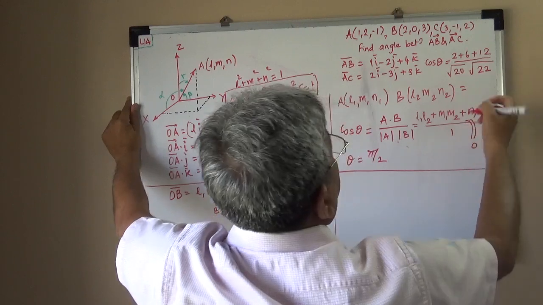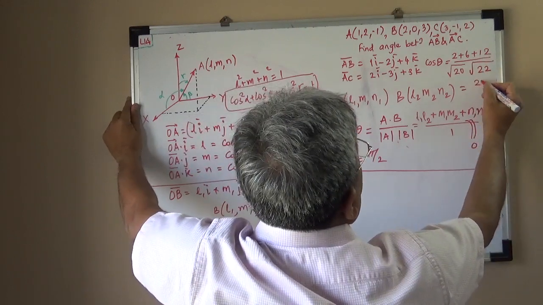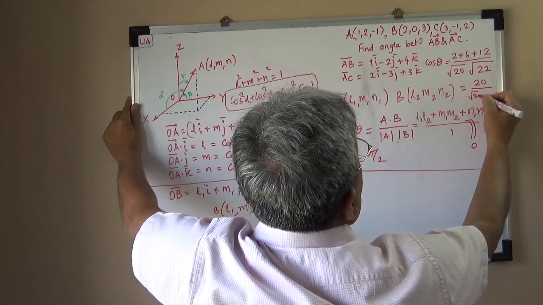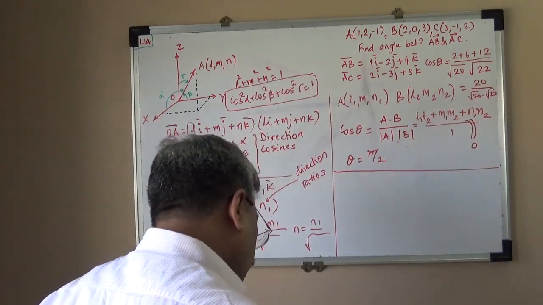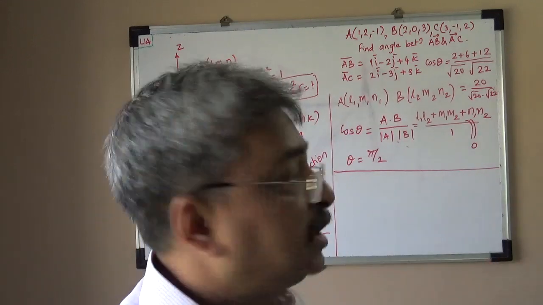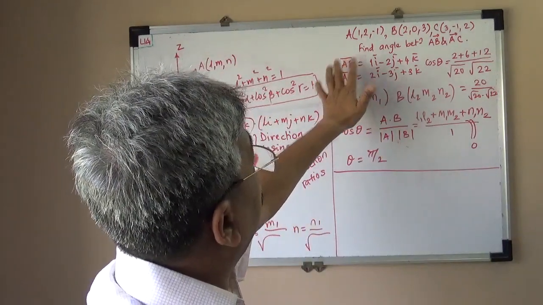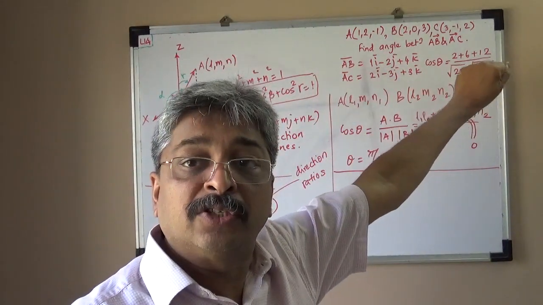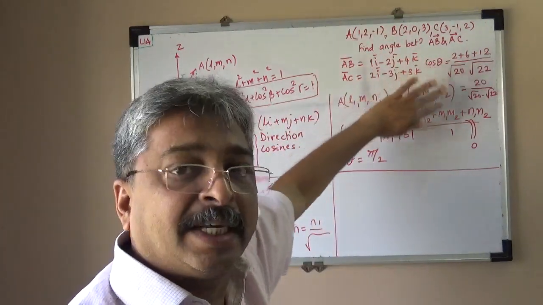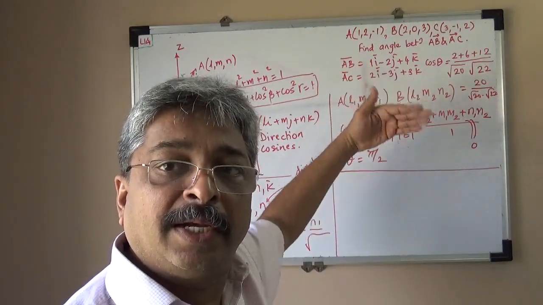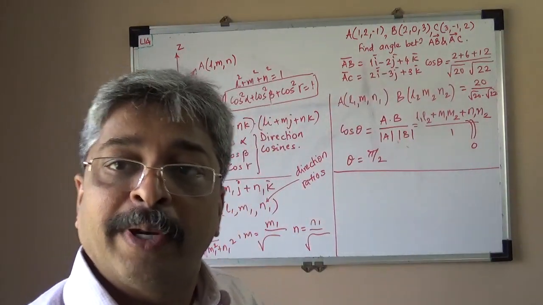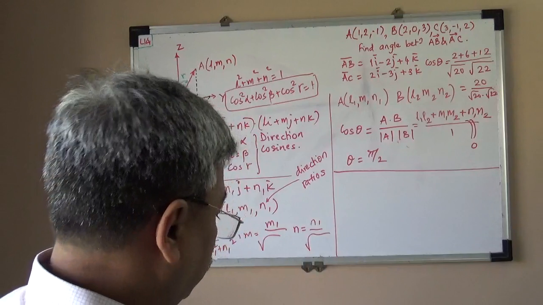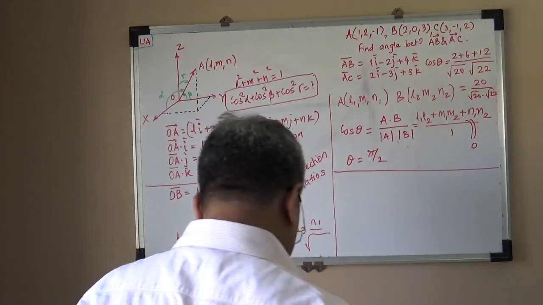So the answer is 20 upon radical 20 into radical 22. Whatever simplification happens is going to be the final answer, and this is the cosine of the angle between these two. So practically you can think in terms of vectors and solve three-dimensional geometry problems, because we have learnt vectors first followed by 3D geometry.